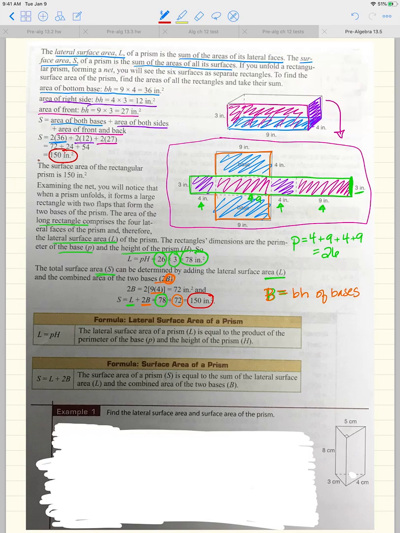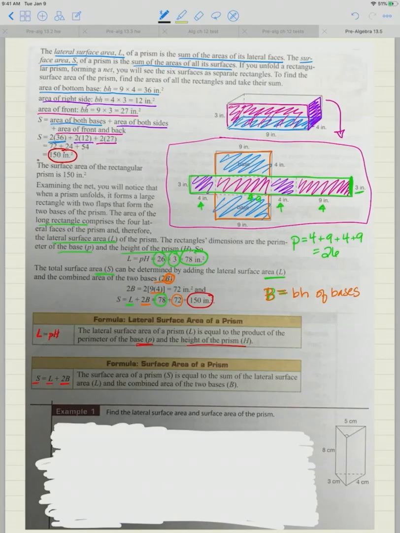Lateral surface area of a prism, capital L, is equal to the product of the perimeter of the base, lowercase p, and the height of the prism, big H. Formula for the total surface area of a prism: total surface area is L, the lateral surface area, plus 2 times the area of the base, or you could just say lateral surface area plus the area of the two bases.